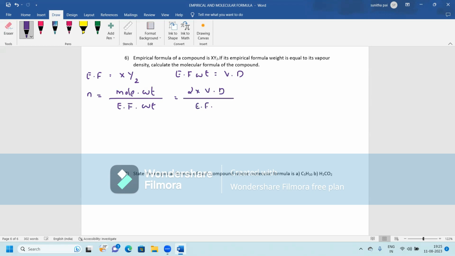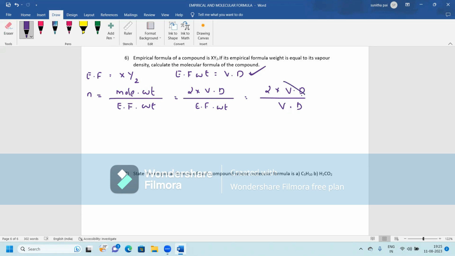And this is empirical formula weight. Now I will rewrite this, twice vapor density by empirical formula weight. In the question, it is given that empirical formula weight is nothing but vapor density. So here in the denominator, instead of empirical formula weight, now I will write vapor density.